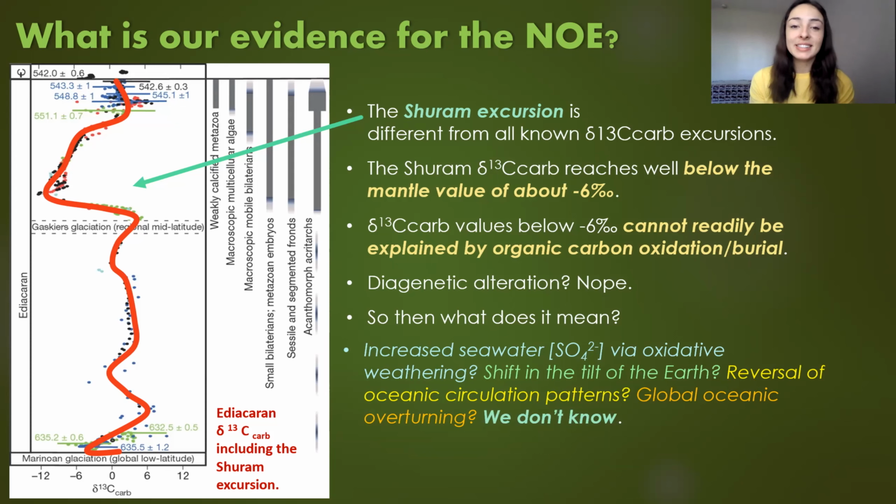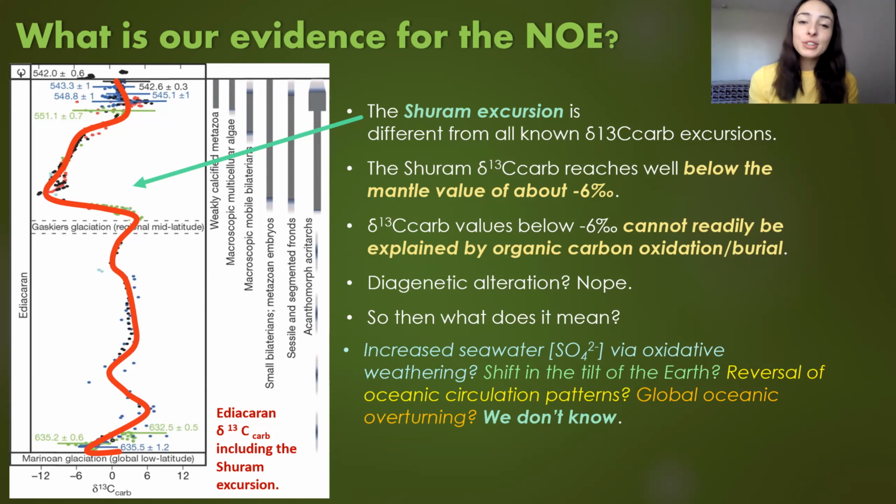And there's a lot of ideas and there's a lot of merit to all of these ideas, and it could have been a mixture of a lot of these ideas, but because this excursion is so complex in its own, I'm going to actually have a whole different video on this Shuram excursion at some point in time. And if I have it out by now, I will put it right here for you guys. But anyway, this is the Shuram excursion, and why it looks so drastically different than all of the rest of carbon isotope data is because we don't know.